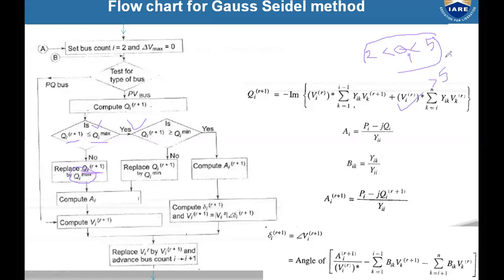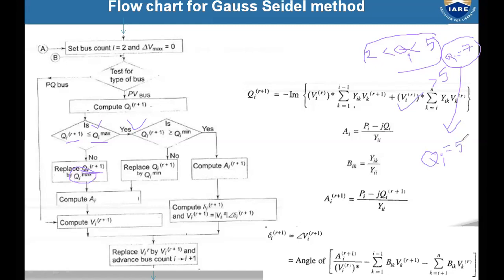Suppose the calculated value QI you got here is 7. If it is greater than the limit, in such a case your limits are exceeded. So in such a case what you have to do here is replace the QI calculated value with its maximum value, which is equal to 5.